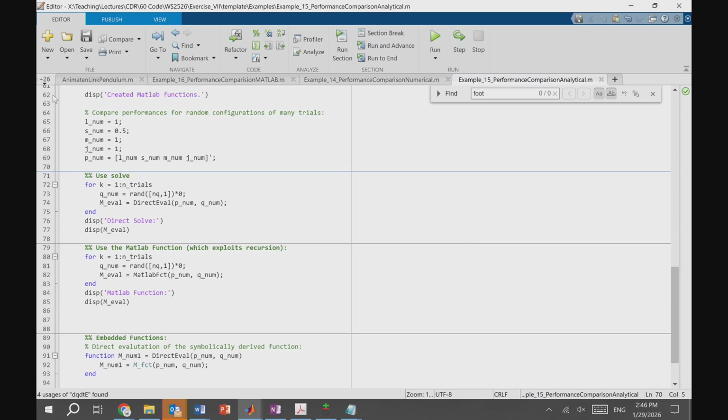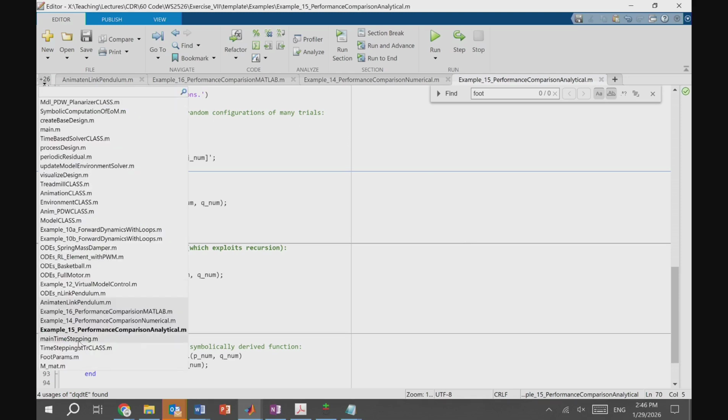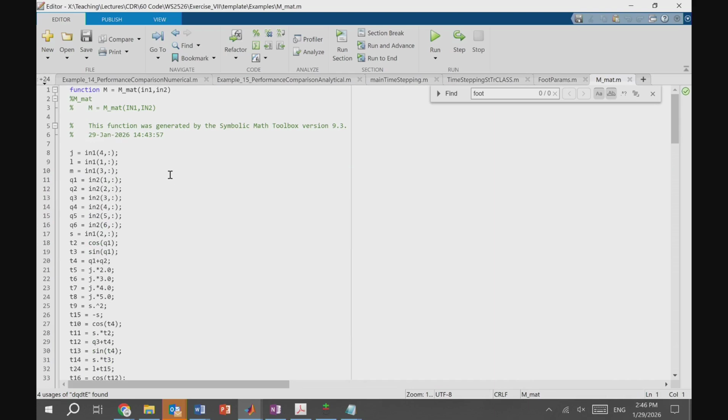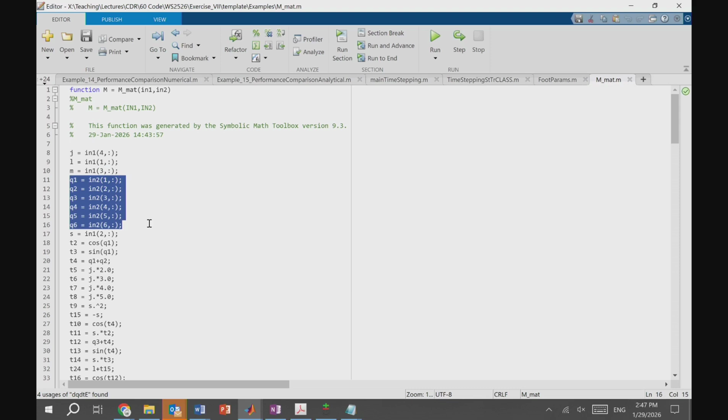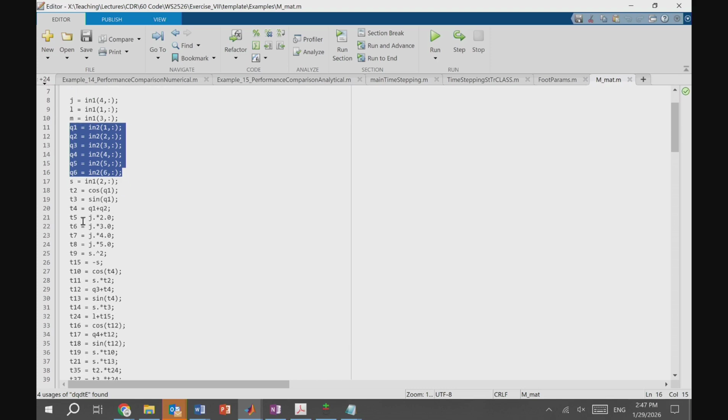So the nice bit is we can actually look at what MATLAB generated. This is the auto-generated file that we just put onto memory, and it's reading out the parameters and the states from our 2 input variables. So this would be P and Q. But then what we see is these temporary variables or intermediate variables.